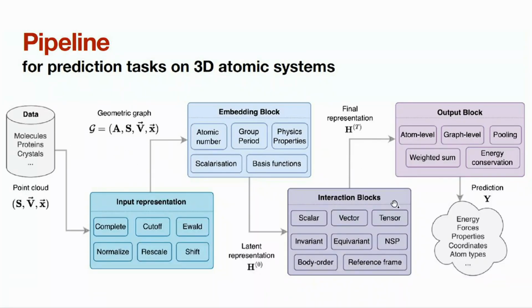So you can consider this whole pipeline as one special type of machine learning pipeline. You could replace any of the blocks in the middle with normal deep learning architectures, and you can still train a model to learn from the input graph. It doesn't mean that you cannot learn it if you don't use geometric deep learning.